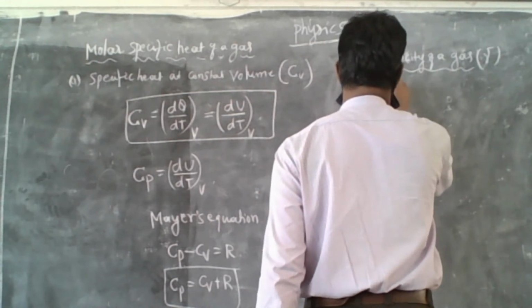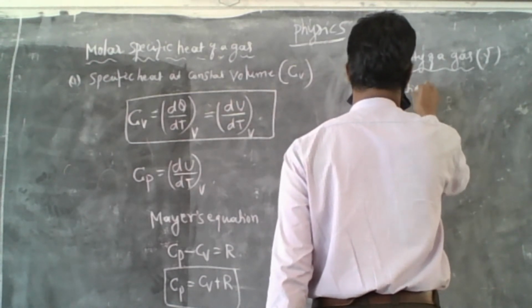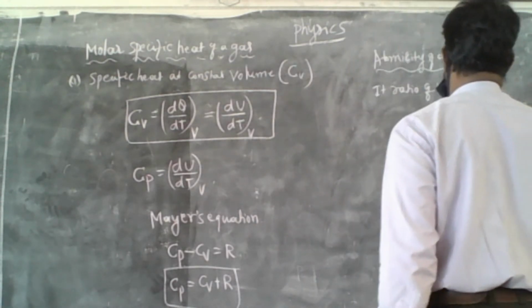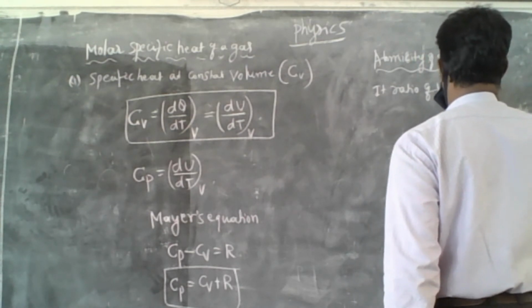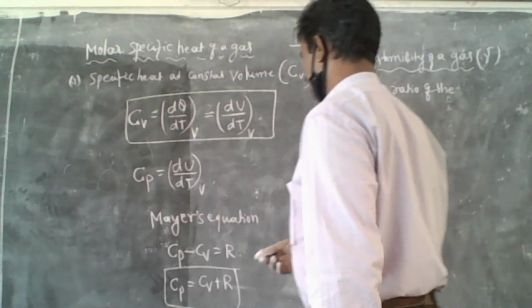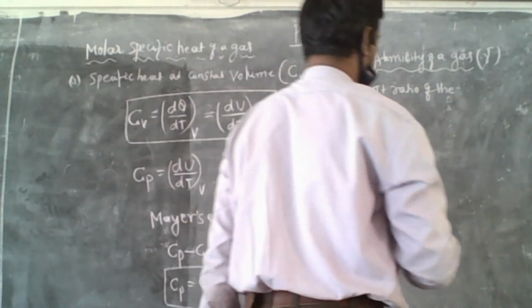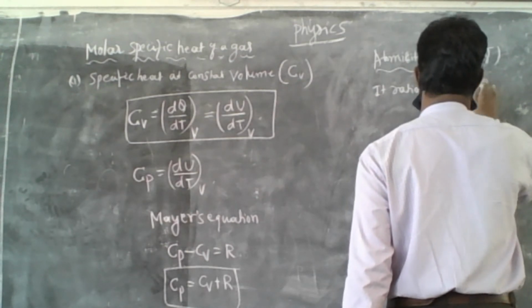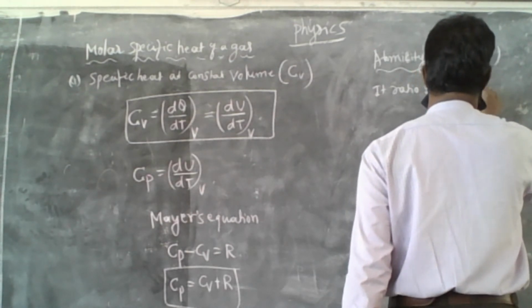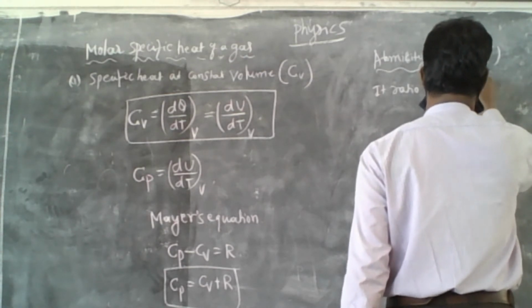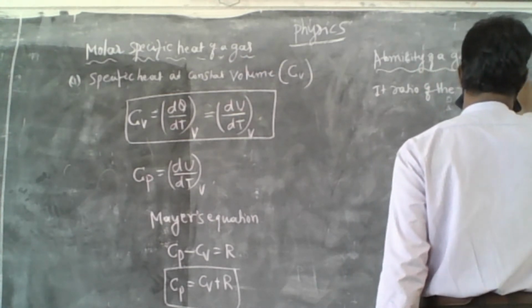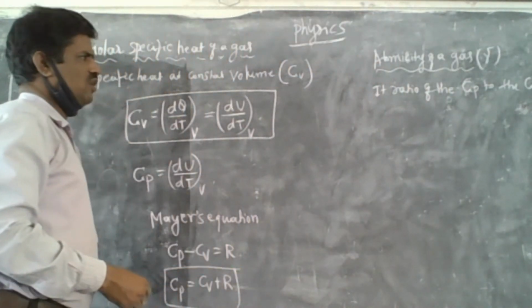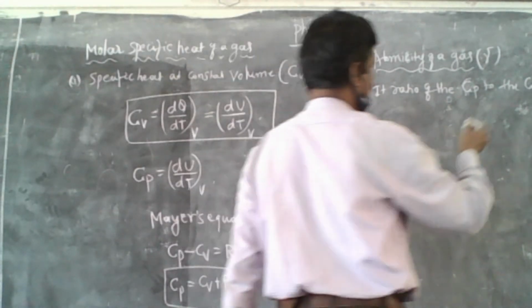It is the ratio of the specific heat at constant pressure to the specific heat at constant volume.